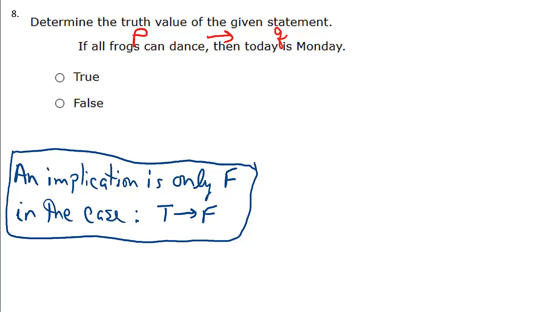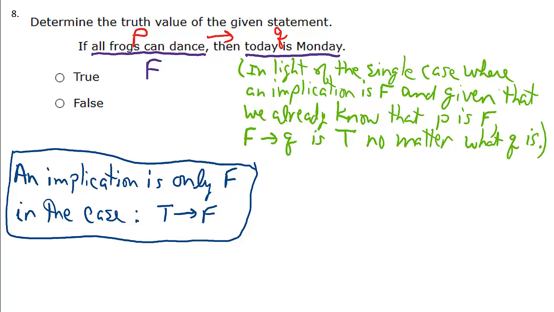So I think everyone would agree that all frogs can dance is false. But if you look down, an implication is only false if it starts off true. Well, that one already starts off false, so it doesn't really matter whether today is Monday or not, because false implies false is true, and false implies true is true.